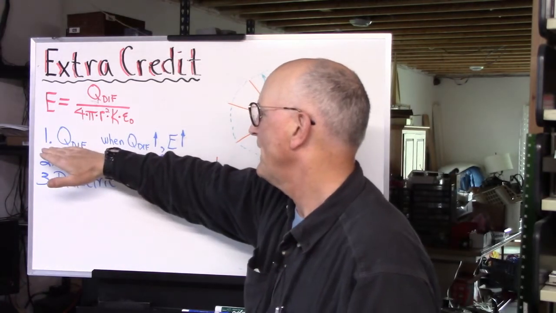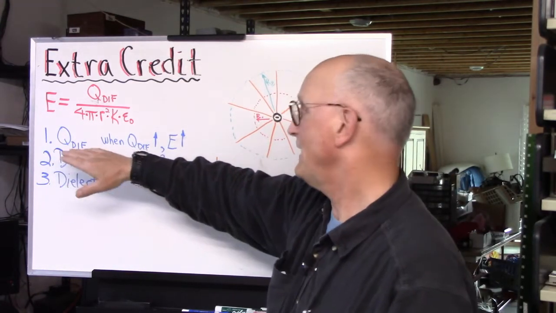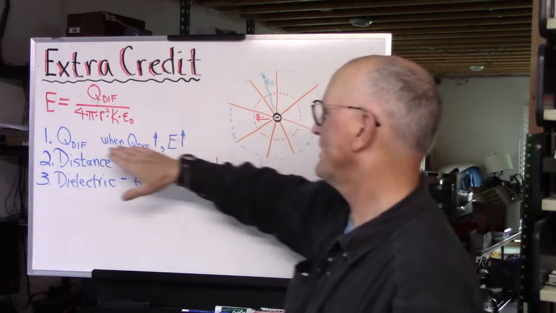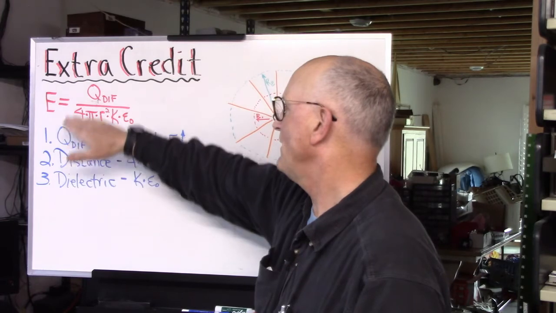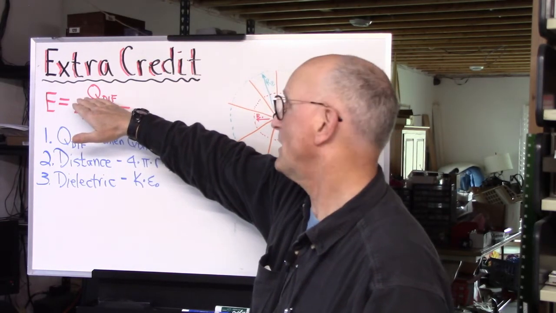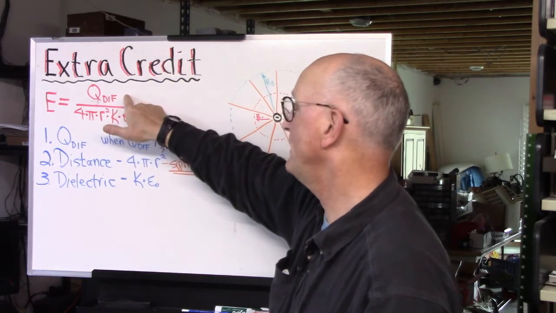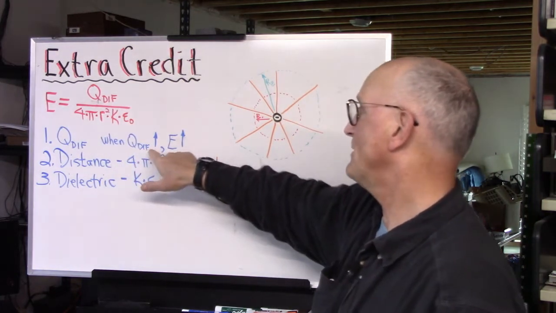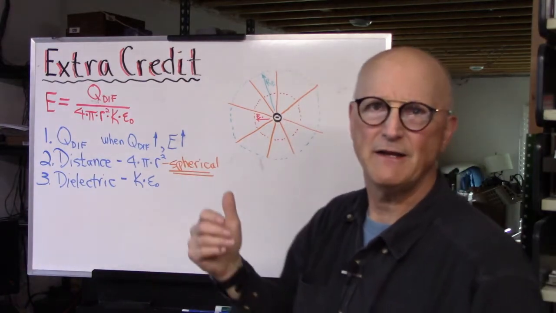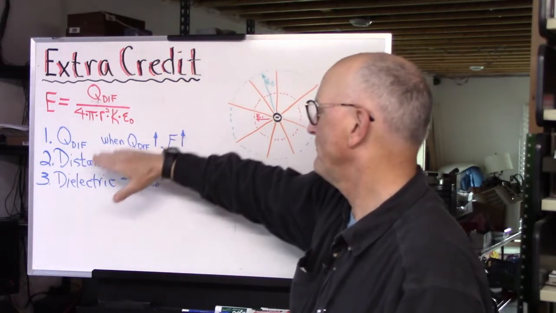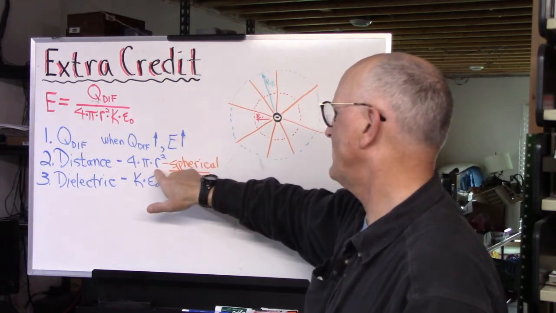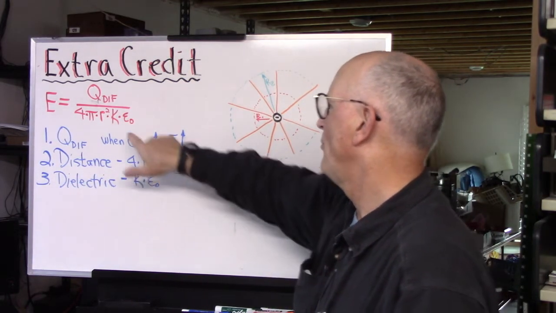So what makes a difference in the E field around a point charge? Well, if the charge level goes up, the amount of charge we have goes up. It's up here on top. And when that goes up, then the intensity of the electric field goes up. Notice, though, that the distance, this R here, is on the bottom.